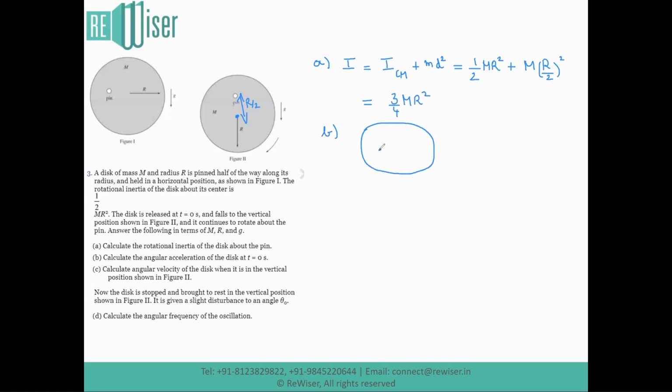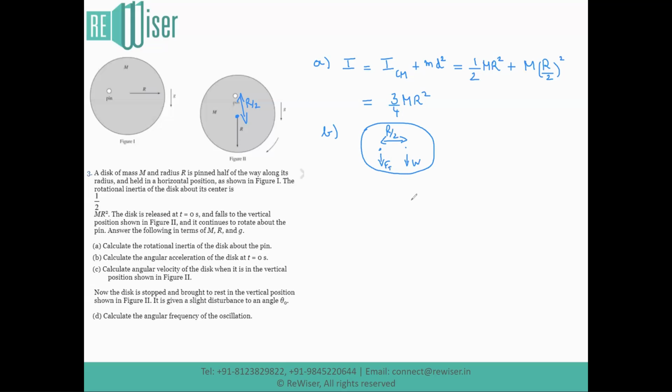This is the pin. This is the origin. This is the distance R by 2 as mentioned before. And here we have F due to gravity, which is nothing but the weight acting. Here we have the torque, Ft, let's call it.